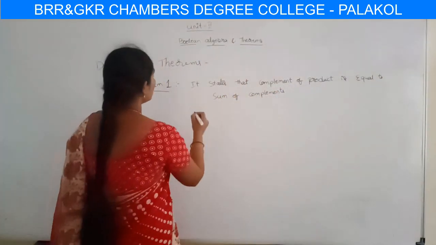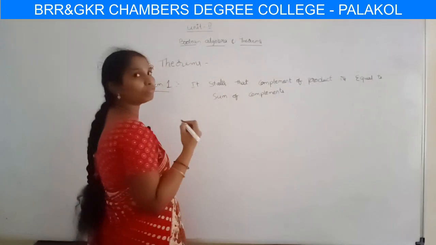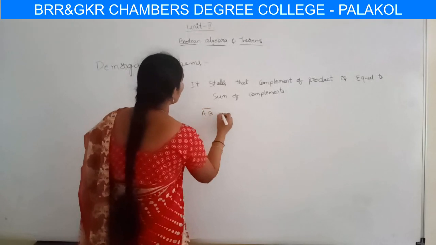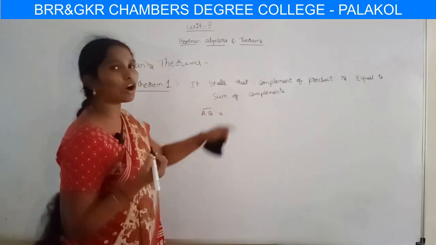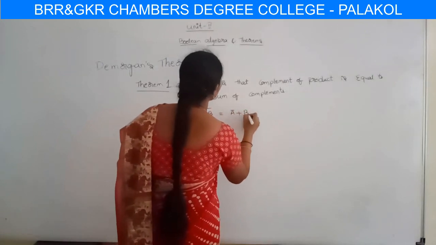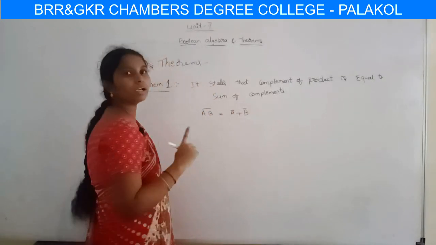That is, A dot B whole bar is equal to A bar plus B bar. So this is theorem number 1.